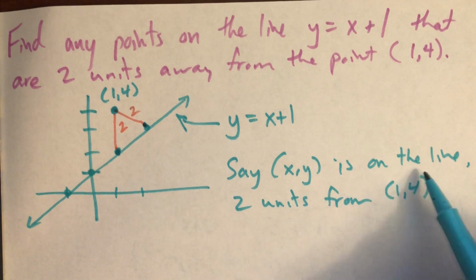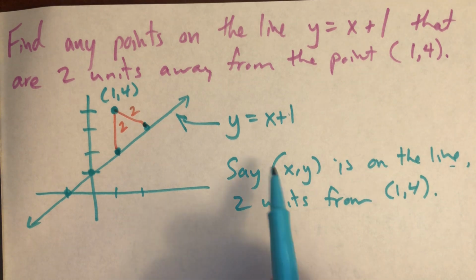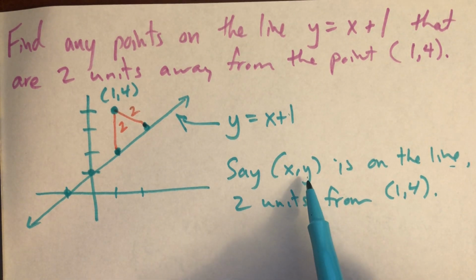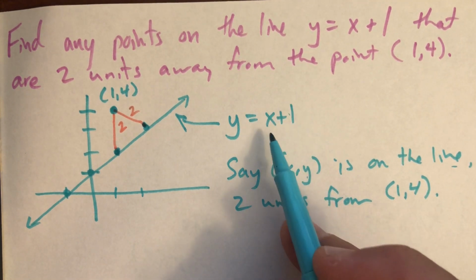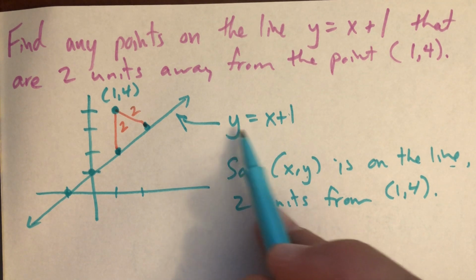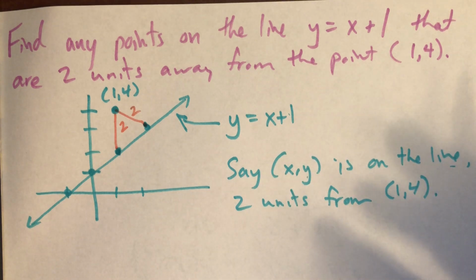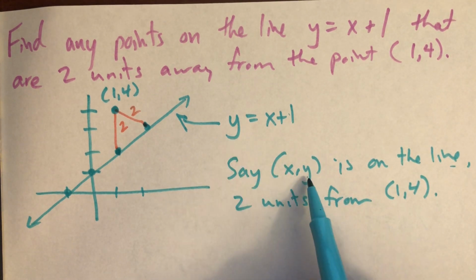Well, what does that mean? If it's on the line, that would mean that I'd plug it in and it'd make it true. So if I put this x right here, this y right here, that's true. Well, y is x plus 1, right? If I gave you the x value, you'd plug that in there and you'd know what y was. So if the x value was 1, I would put a 1 in there and say, okay, 1 plus 1 is 2, that's the y value.